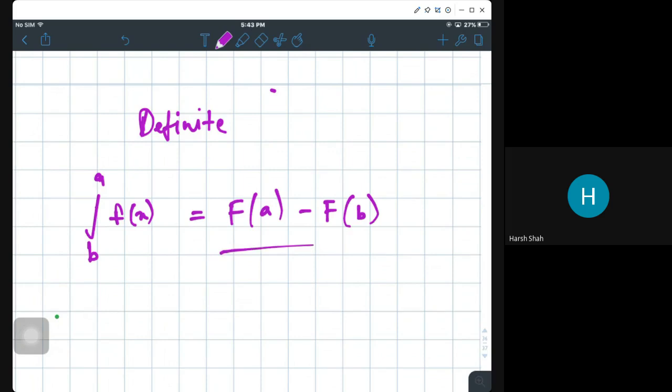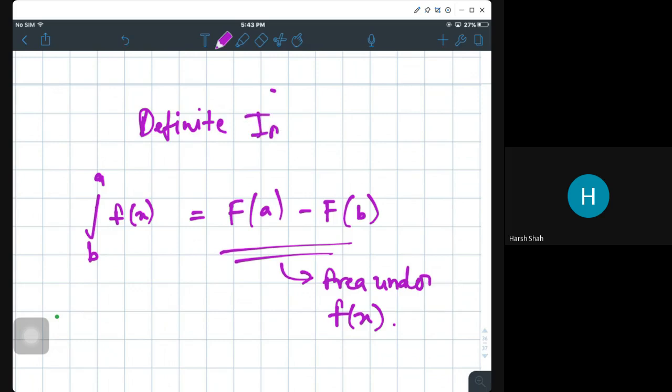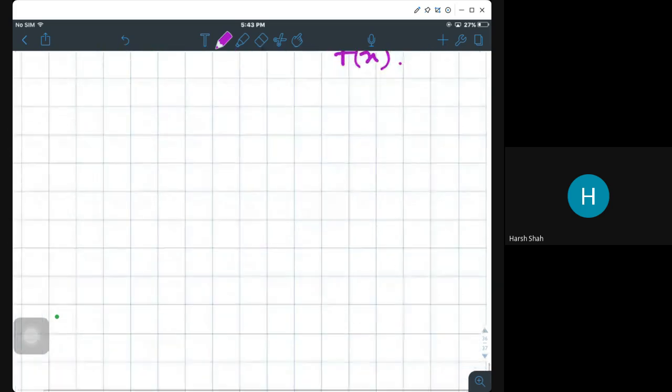And this will give you the area under the curve of small f x. This is definite integration. Everything is the same. Then we move on to graphs. Any doubts anyone is facing up till here?